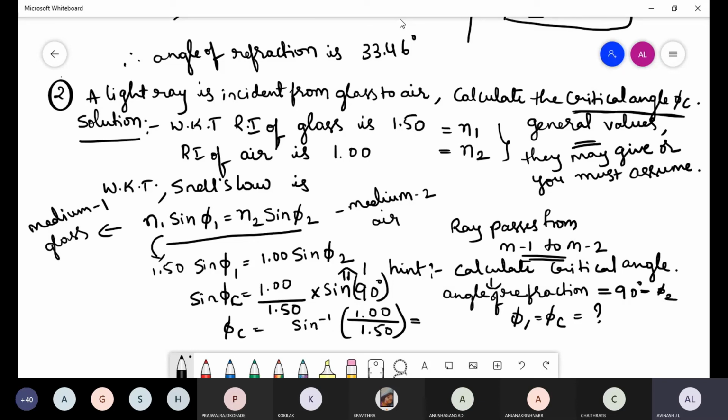Anyone of you please tell me. Phi c equal to sin inverse of 1.00 divided by 1.50. What is that answer you got? One divided by 1.5 will come around 0.667.